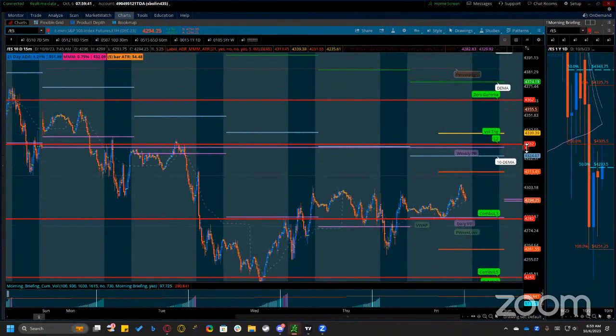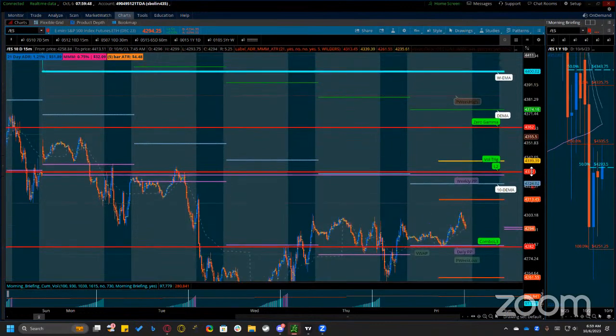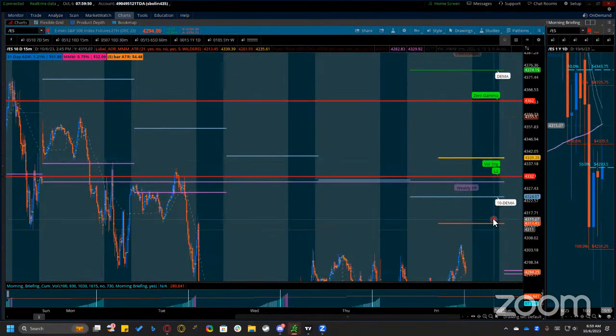Zero gamma's 43.62. Got the volatility trigger right close to the ADR full to the upside, laying on top of the cog line, 43.32.